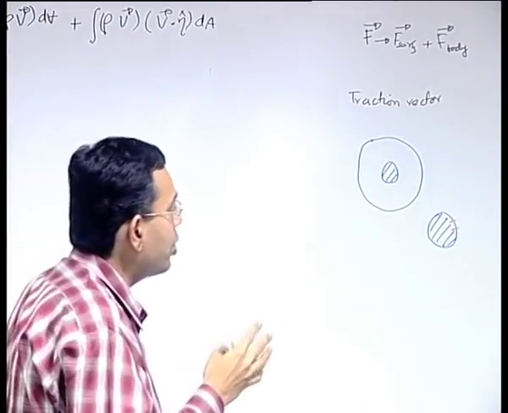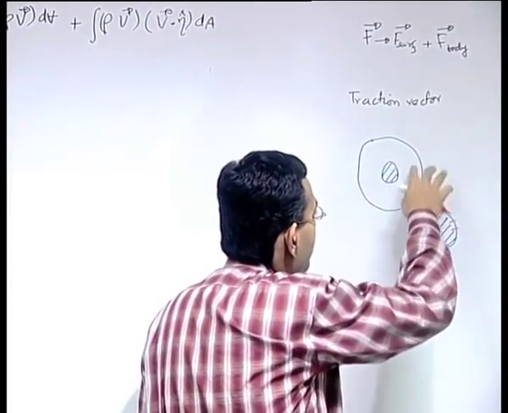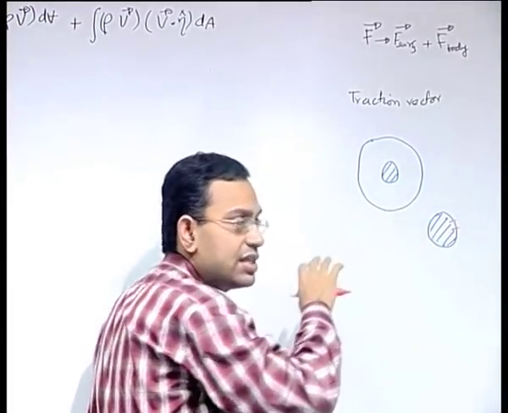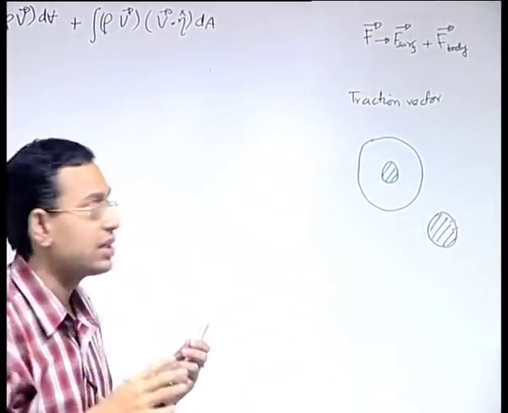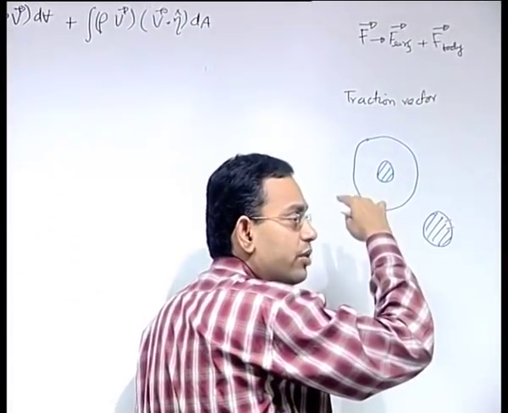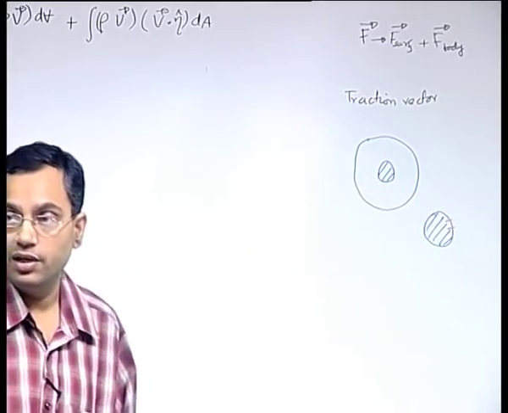there must be some force which is exerted by the other part of the material on this chunk. This is just like Newton's third law type of interaction, that the other part of the material will exert some force on the chunk and the chunk will exert an equal and opposite force on the other part of the material.